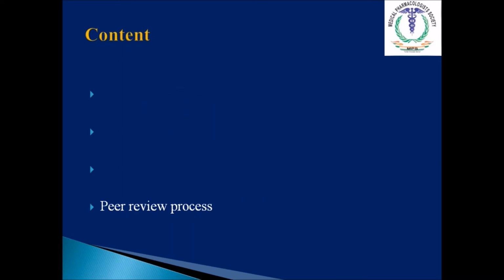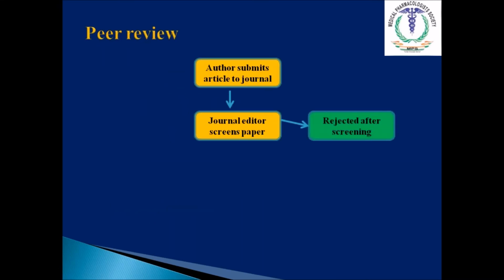Next. So you submit the paper to the journal. The first thing that happens is the editorial review. The first review is the editorial review, and the editor screens this paper to see whether it is suitable for peer review or it should be rejected straight away.